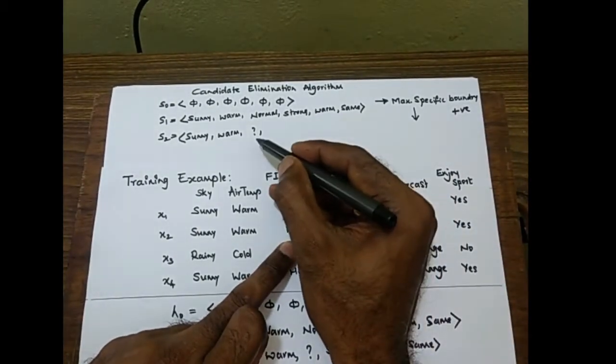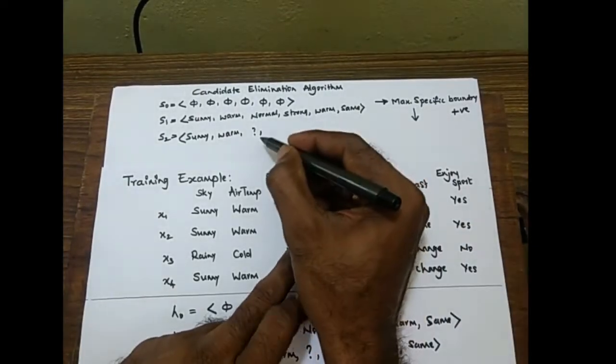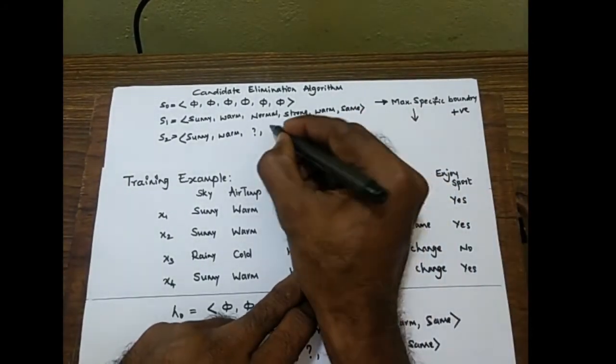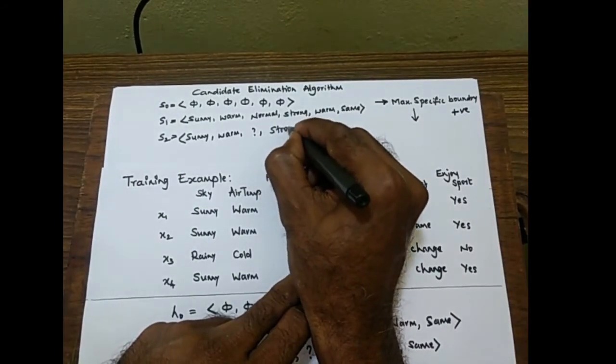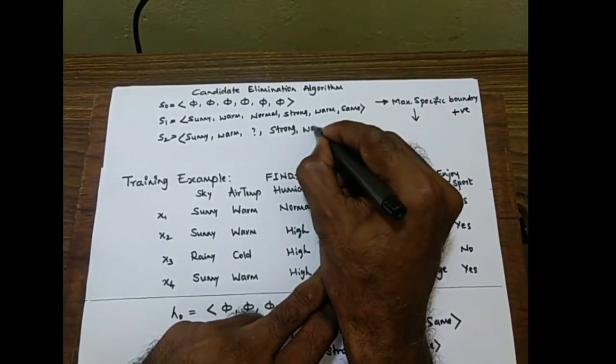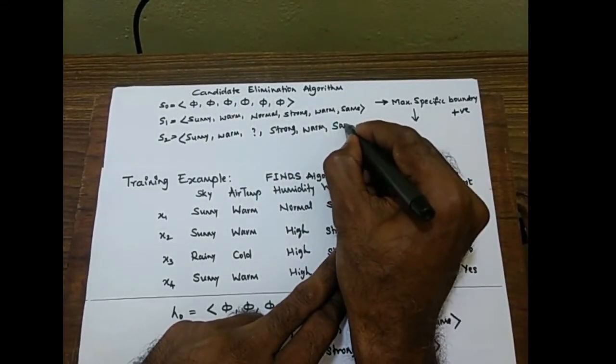We are taking the most generic value, where a question mark indicates any value is acceptable. Next, strong is compared with strong, same. Warm is compared with warm, it is the same. Same is compared with same.